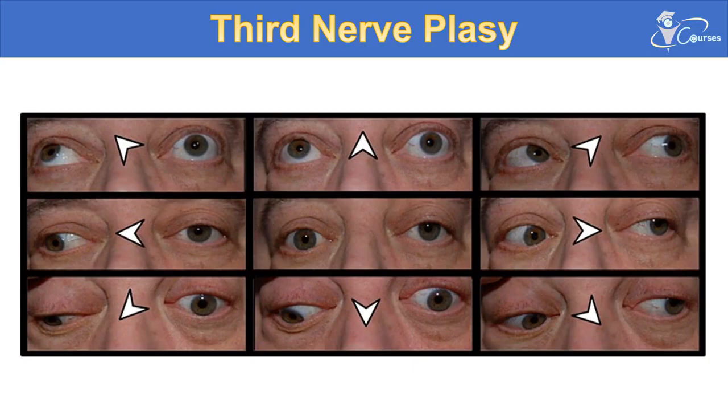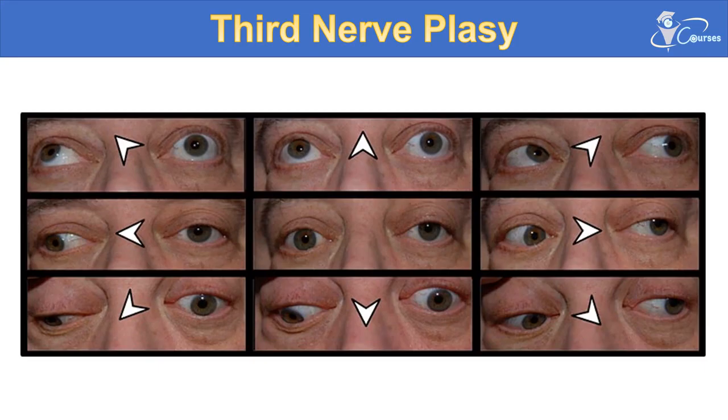So what happens if there is paralysis of the superior rectus, inferior rectus, inferior oblique, and medial rectus? Basically the eye will have ptosis, due to paralysis of levator palpebrae superioris, and there will be no problem in abduction as the lateral rectus is normal.